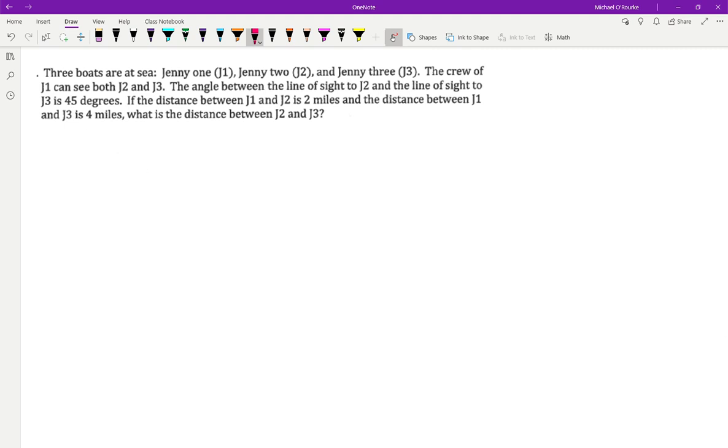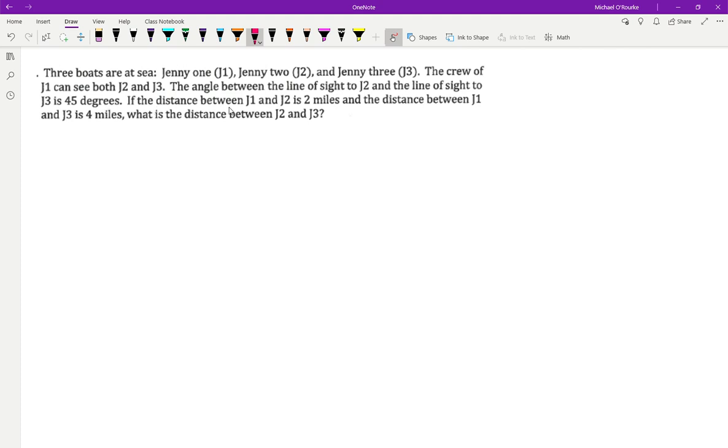I want you to try to draw out this one. So 3 boats are at sea. Jenny 1, Jenny 2, and Jenny 3. I have no clue if Jenny with boats has anything to do with anything. The crew of J1 can see both J2 and J3. The angle between the lines of sight to J2 and J3 is 45 degrees.